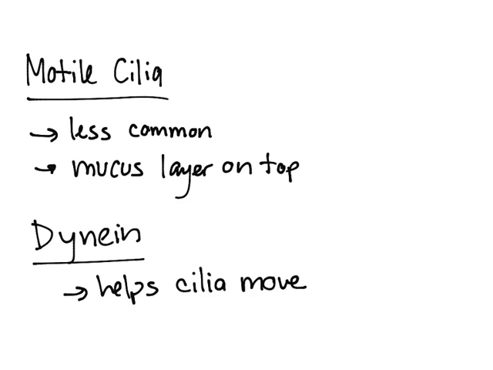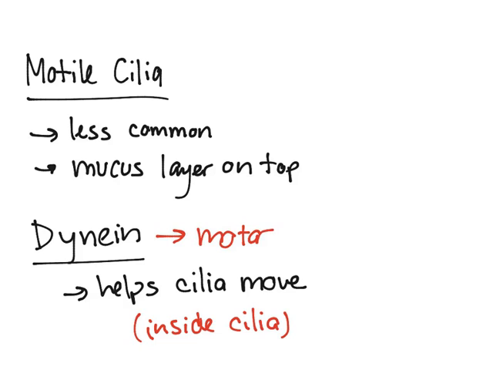And so dynein is actually inside the cilia. So we'll write it down here. It's inside the cilia. And it's a motor protein, which essentially means protein that helps with motion.